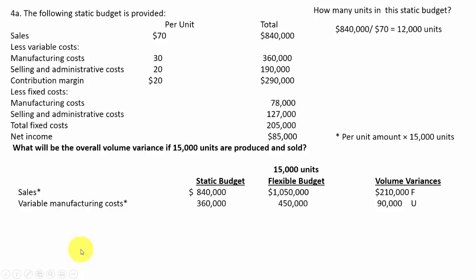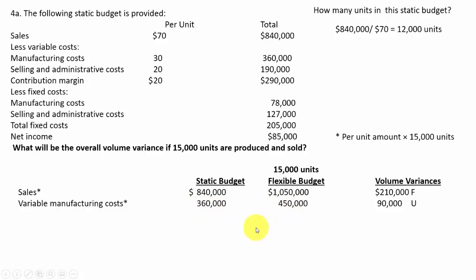So our next cost is a variable cost. It's variable manufacturing cost. Under the static budget, it was $360,000. Under the flexible budget, it's going to be $450,000. The way we come up with that $450,000 is we're going to operate at 15,000 units, multiply that times the $30 per unit, and this will give us $450,000.